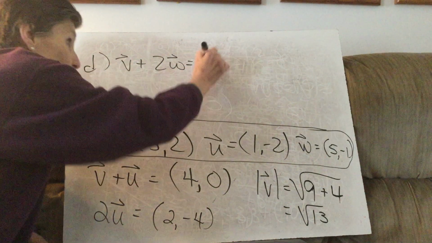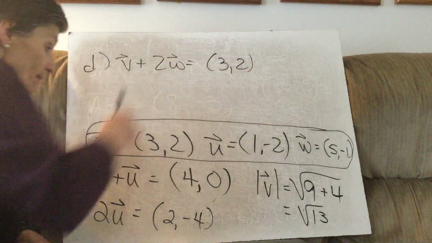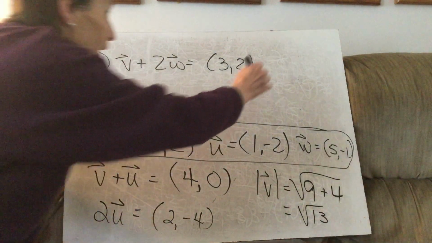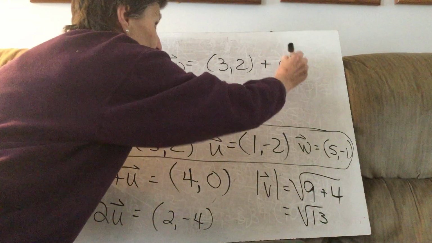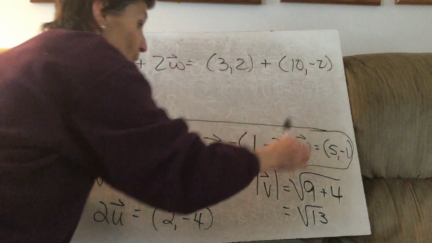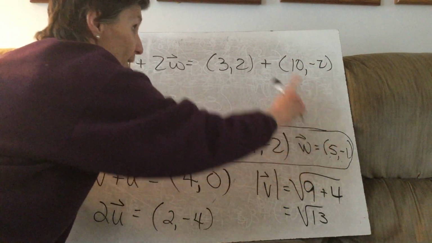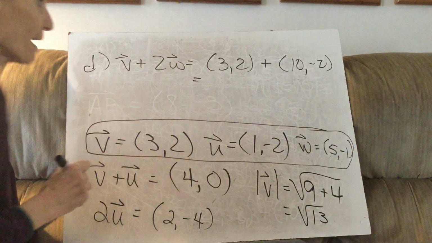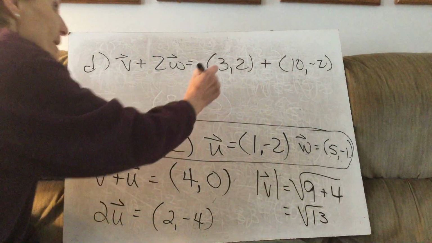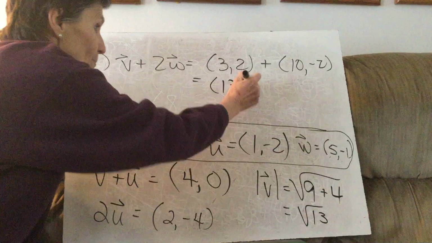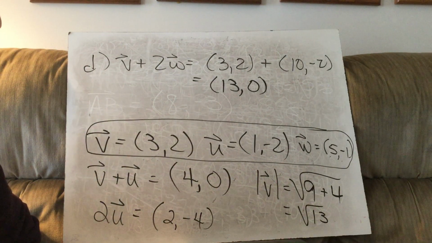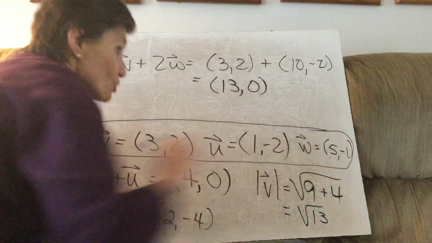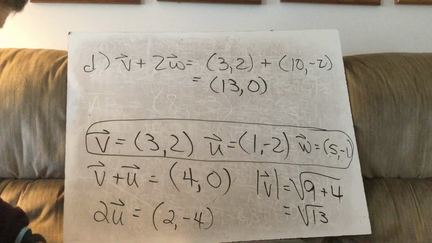So that will be 3, 2, that's V, and then plus 2 W's, which will be 10, -2. So I'm going to add those together, and I'm going to get 13, 0 again. 13, 0 is what happens when I add V plus 2 W's.